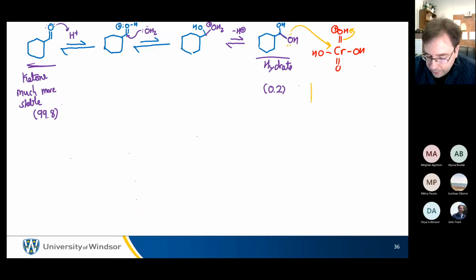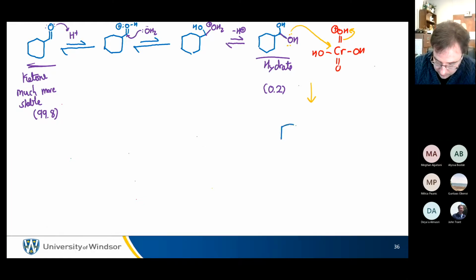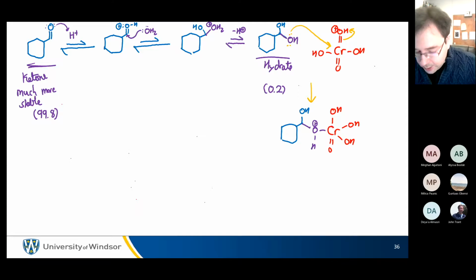And when we do that, just keeping track of where everything's coming from. This is identical to what we saw earlier. It's the same case. Again, we're going to do another proton transfer, the same one we just did.